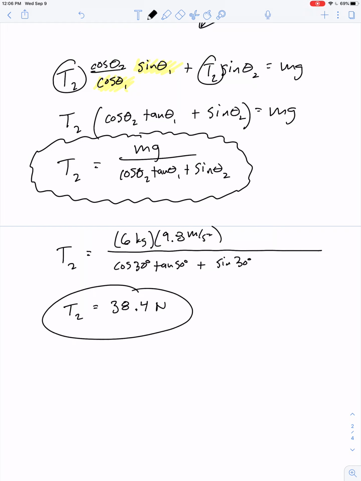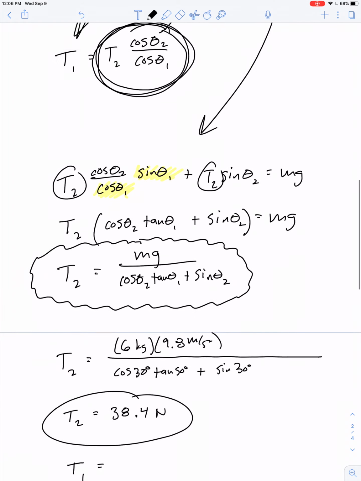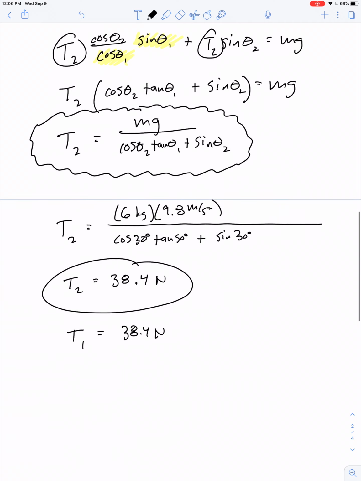So what's the tension in string number 1? When we go back to our work, here by multiplying the tension in string 2 by this ratio of cosine theta 2 over cosine theta 1. So if we take 38.4 newtons and multiply it by cosine 30 divided by cosine 50, that should get it done.